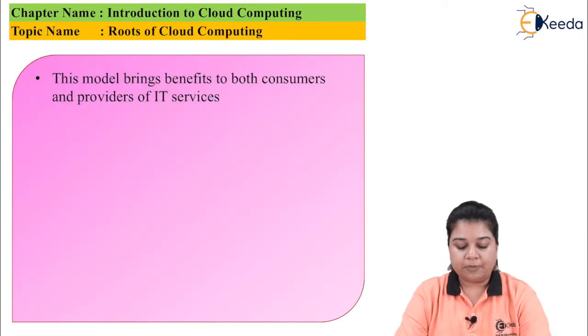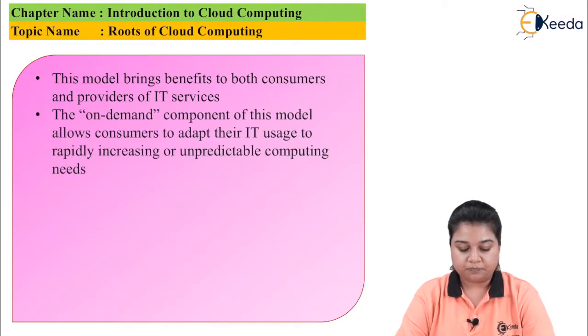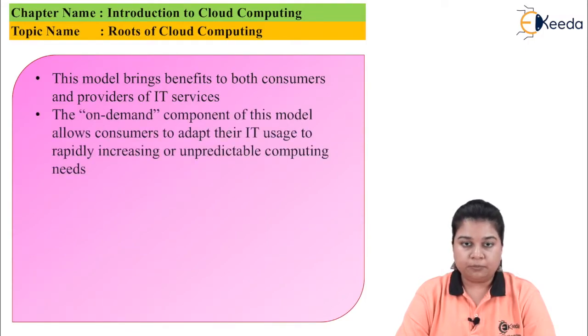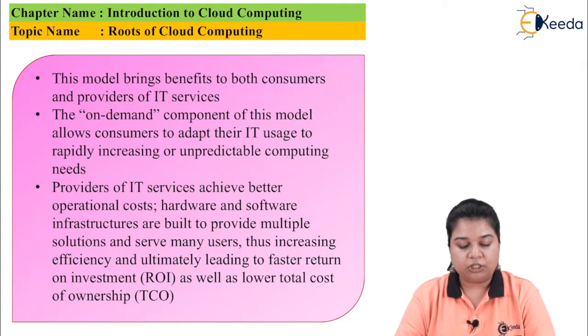This model brings benefits to both consumers and providers of IT services. The on-demand components of this model allow consumers to adapt their IT usage to rapidly increasing or unpredictable computing needs. Providers of IT services achieve better operational costs.